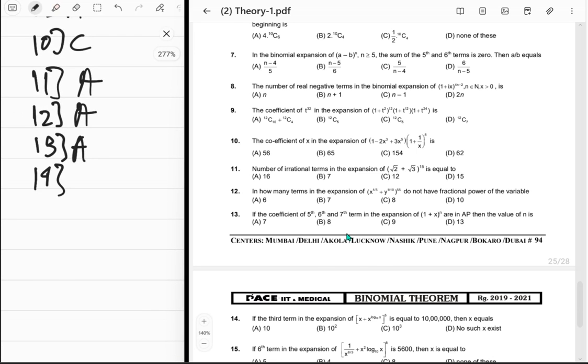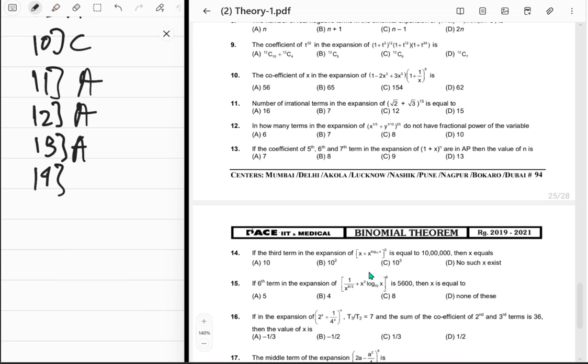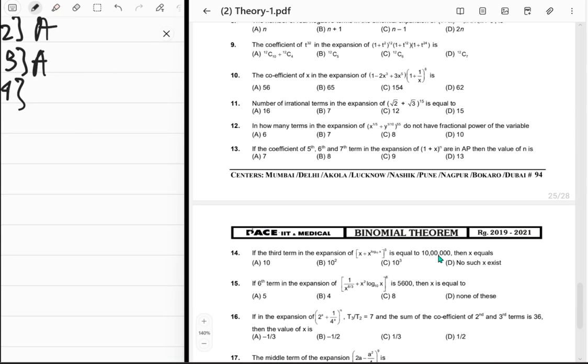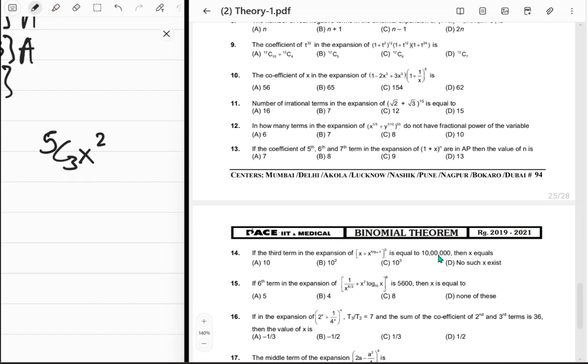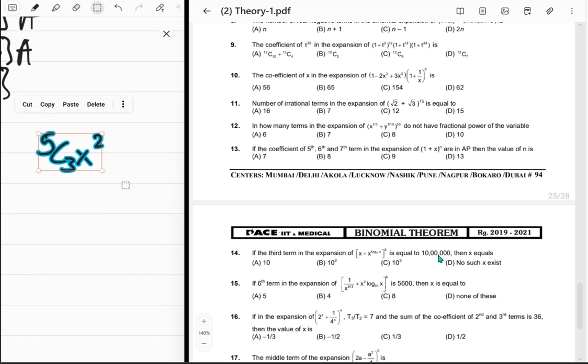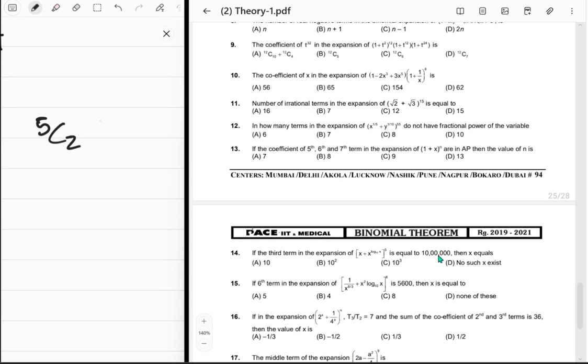14th. If the third term in the expansion of (x + x^(log base 10 of x))^5 is equal to this, it's not that bad. It's just a normal equation. The third term would mean r equals 2. So that would be 5C2, then x^3, and then x to the power log base 10 of x, whatever, all to the power of 2.